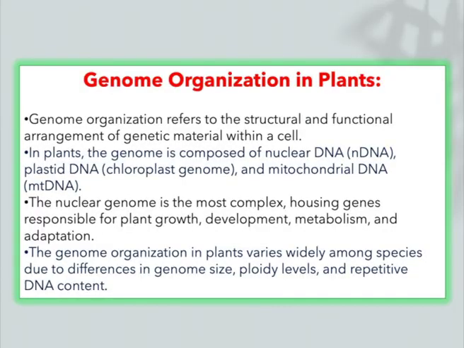The nuclear genome is the most complex, housing genes responsible for plant growth, development, metabolism and adaptation. Genome organization in plants varies widely among species due to differences in genome size, ploidy level and repetitive DNA content.